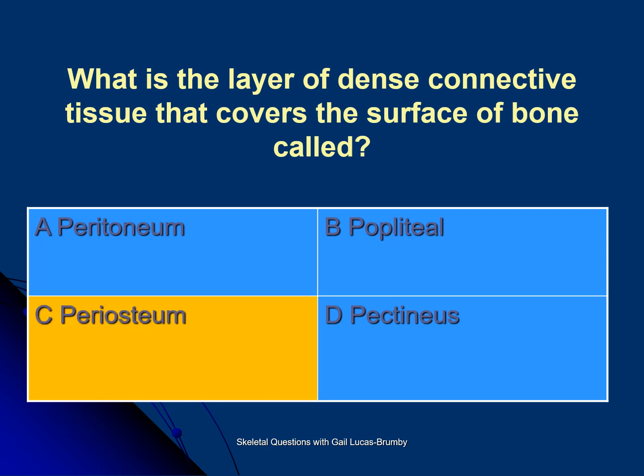And the answer is periosteum. Peri means the outside or surrounding, and osteo, anything with osteo, is related to bone. So periosteum is the outside connective tissue that covers bone.